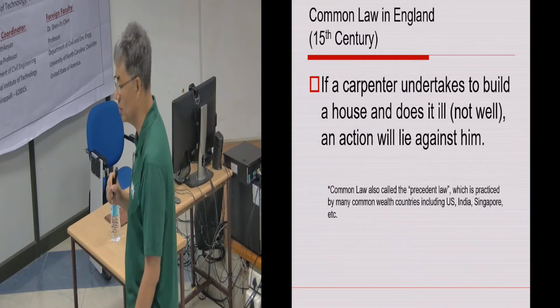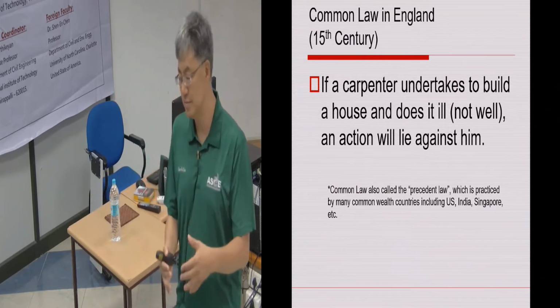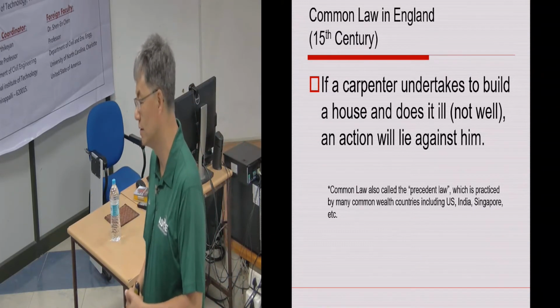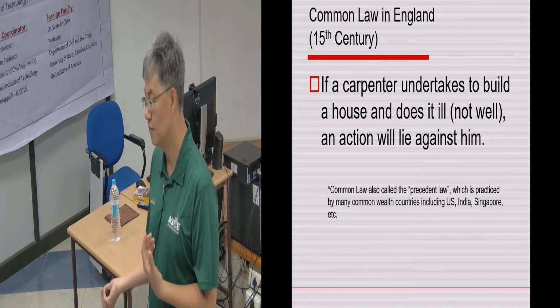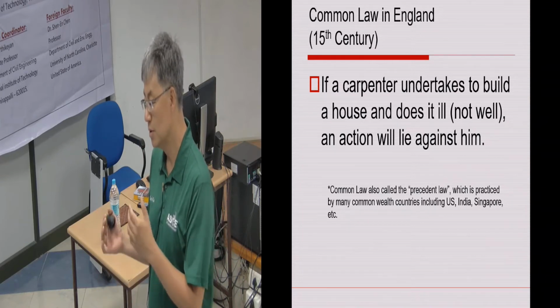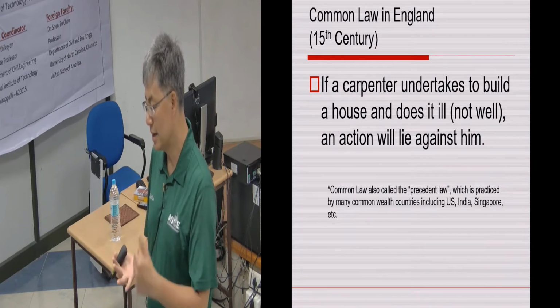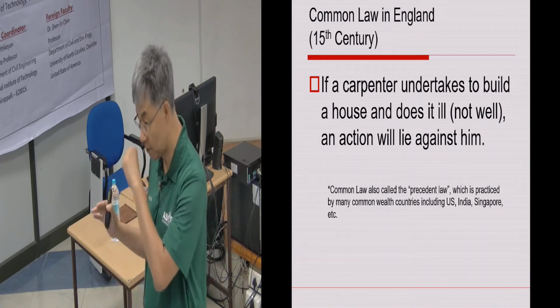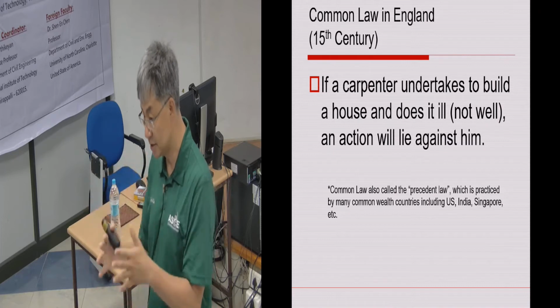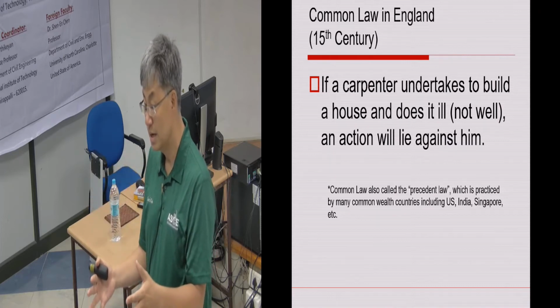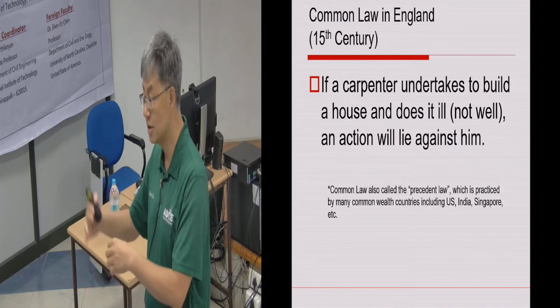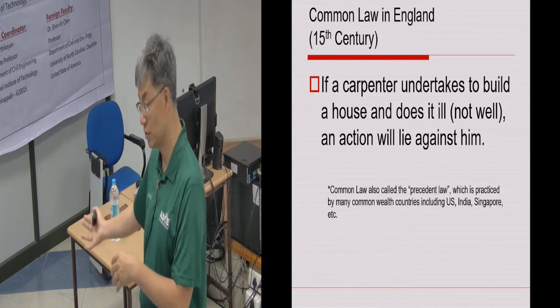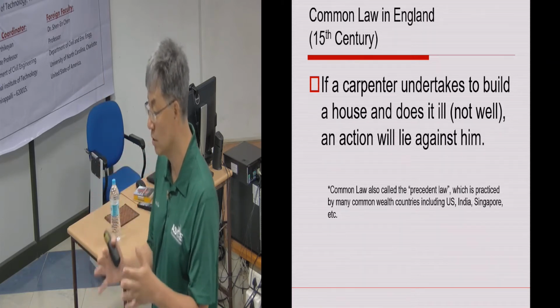Another very important point: India, the U.S., and many other countries are what we call the Commonwealth of England. As nations that were associated with England before, many of our existing national laws carry some of the characteristics of British law, and that's what we call the common law.